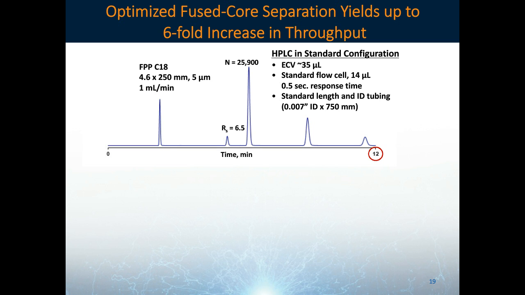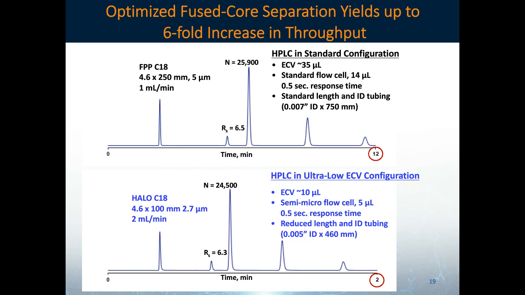So with this, you're getting the separation done in 12 minutes compared to when you switch to the halo SPP column. Not only are you using a shorter column in 4.6 by 100 millimeter dimension, but you're also able to use a faster flow rate. So you can see the total runtime is reduced to 2 minutes, so that gives you your 6-fold increase in throughput. And you're able to maintain the resolution between peaks 2 and 3 and also maintain the plates.